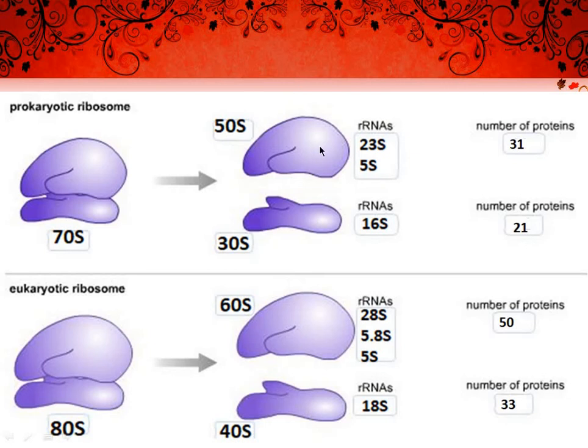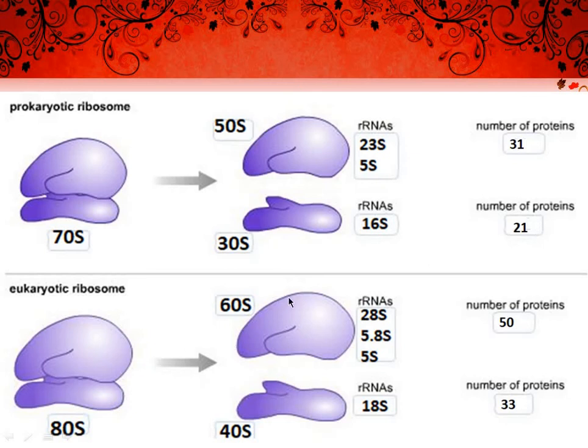The 50S subunit of the ribosome contains 23S and 5S ribosomal RNA and 31 different types of proteins. The 30S smaller subunit of the prokaryotic ribosome consists of 16S ribosomal RNA and 21 different types of proteins.